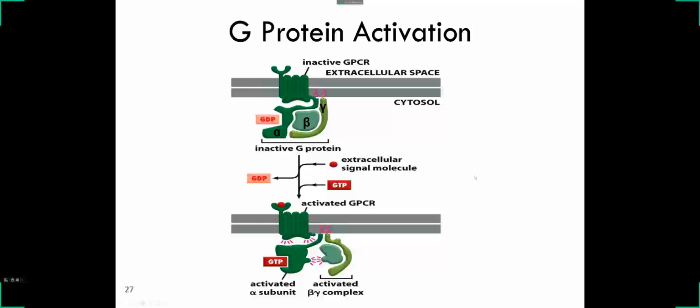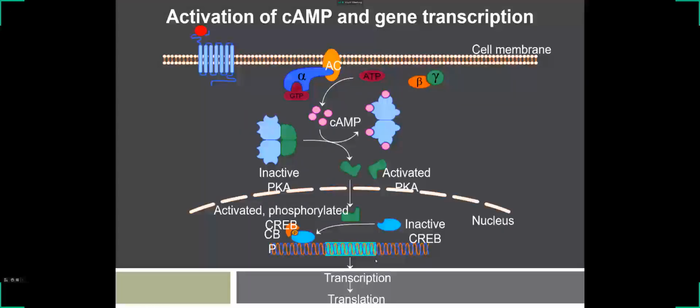One of the things I didn't mention earlier was these myristyl groups on the G protein to help recruit it to the receptor. The downstream implications may look familiar from the standpoint of the steroid. Remember, with the steroid hormones, it went straight to the nucleus and bound to the DNA.